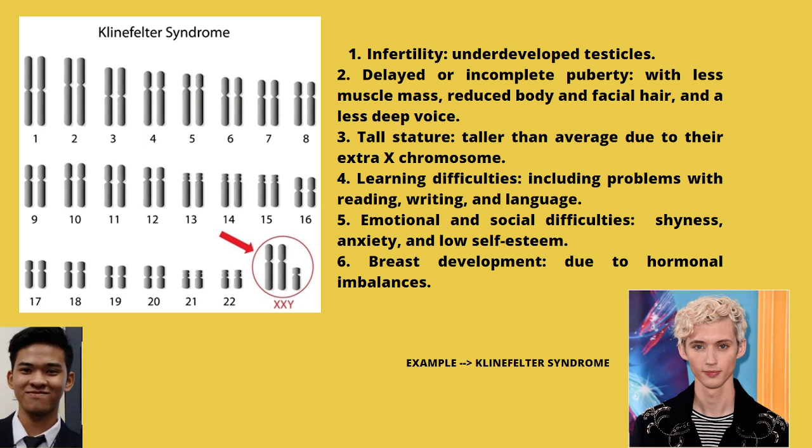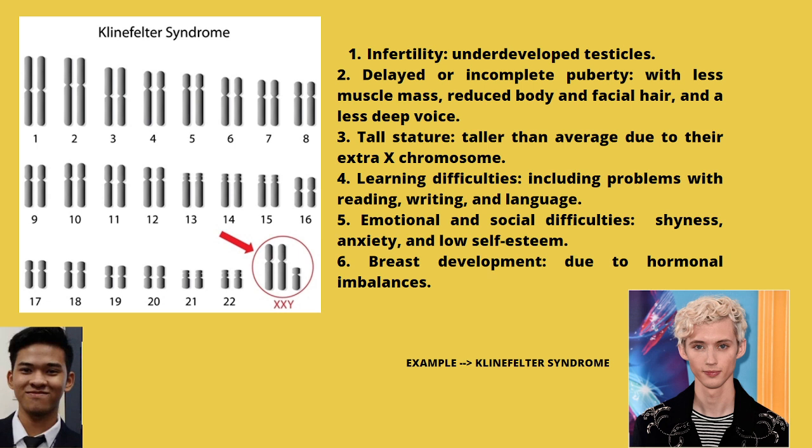Firstly, I will mention Klinefelter syndrome. The characteristics of Klinefelter syndrome are, one, infertility. This is due to the underdeveloped testicles. Second, delayed or incomplete puberty with less muscle mass, reduced body and facial hair, and a less deep voice. Third, tall stature.